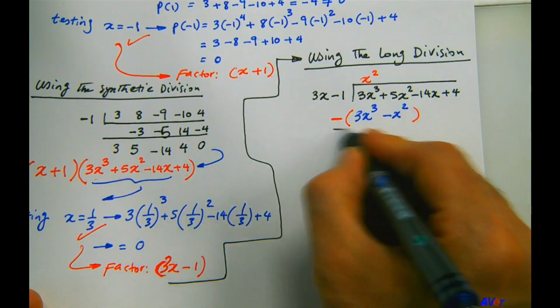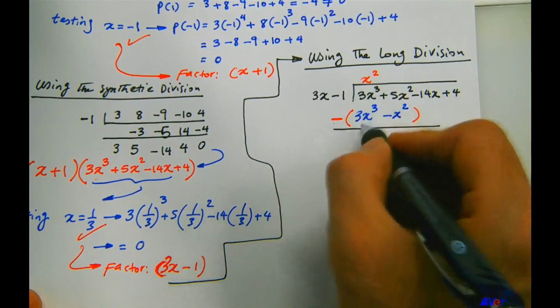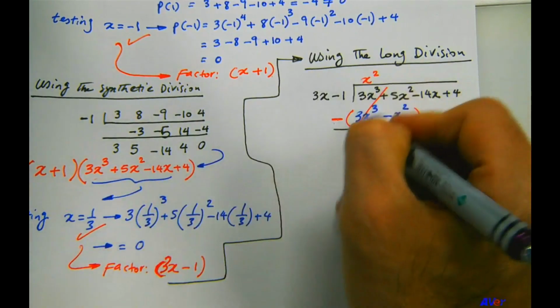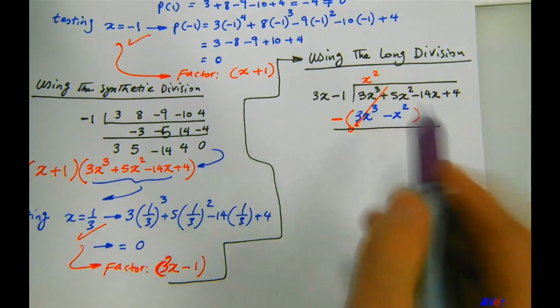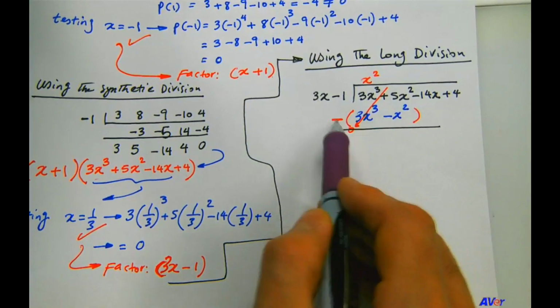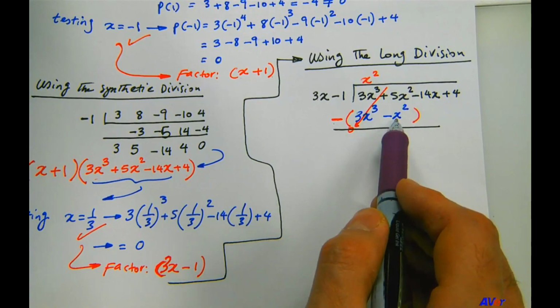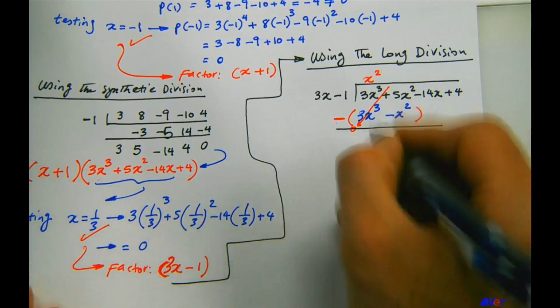Now let's subtract these. 3x cubed minus 3x cubed adds up to 0, right? 5x squared minus, minus x squared is positive x squared. So 5x squared plus x squared is 6x squared.